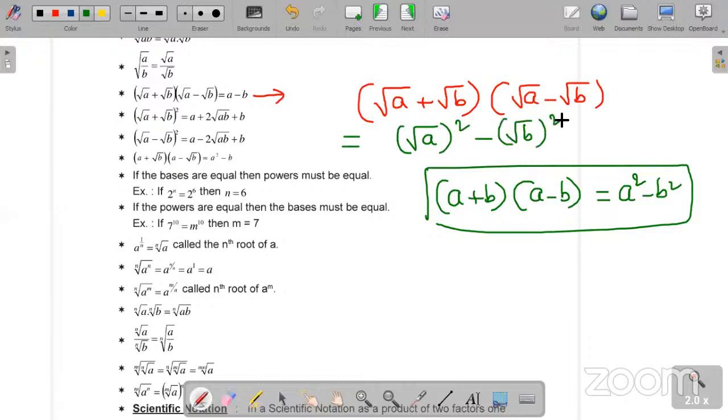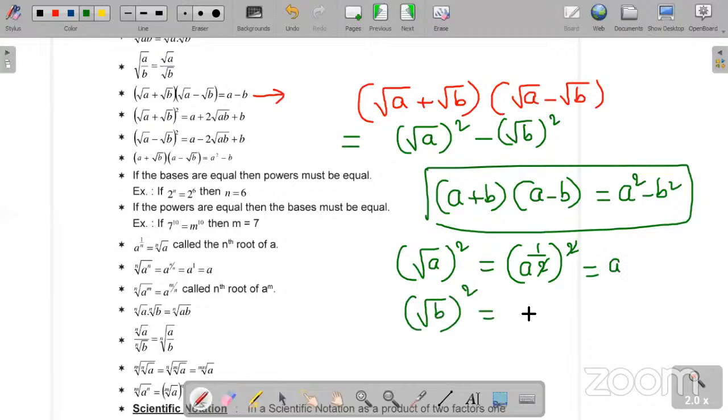Again, two questions will arise in our mind. What is the value of root A whole square? Don't get confused. Root means half, that is A to the power of half whole square. So the 2s cancel, this is A. In the similar manner, root B whole square is equal to B raised to 1 by 2, and also square, the 2s get cancelled, B. So that means we get A minus B. Clear?